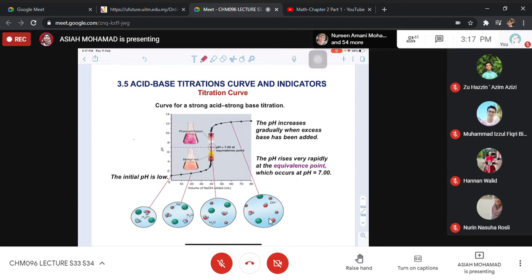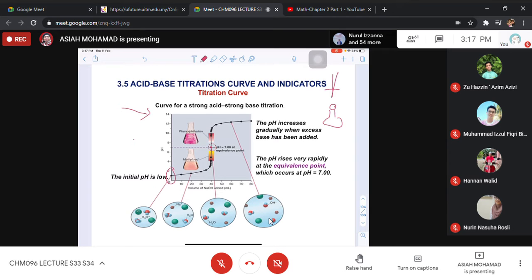For this titration curve for a strong acid, strong base titration, if you get this curve, it means your setup has the acid in the conical flask and the base in the burette, because we start at an acidic pH. The pH rises very rapidly at the equivalent point.